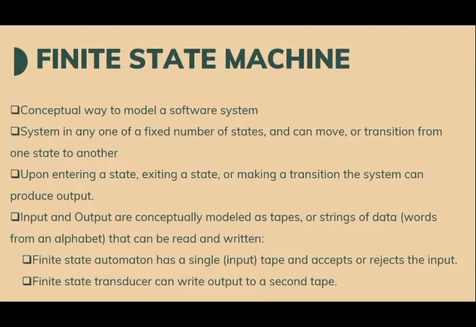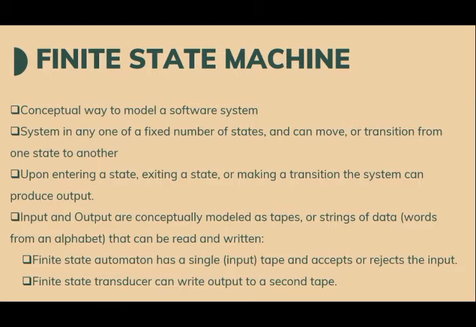Input and output are conceptually modeled as tapes or strings of data, words from the alphabet that can be read and written. A finite state automaton has a single input tape and accepts or rejects the input.